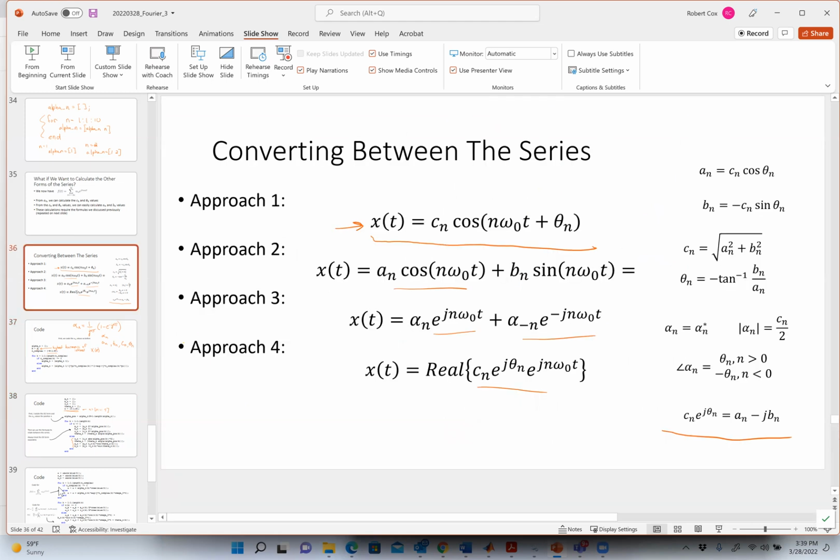Right here, the magnitude of alpha is equal to C sub n over 2, using the formulas that we've got there. Remember, it's always the case that this is C over 2 times e to the j theta n, e to the j n omega naught t, plus basically the conjugate of this times e to the negative j n omega naught t, equals that whole function.